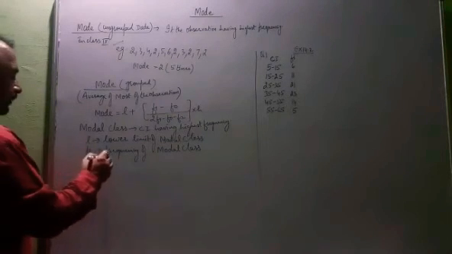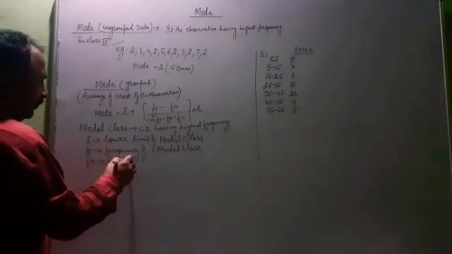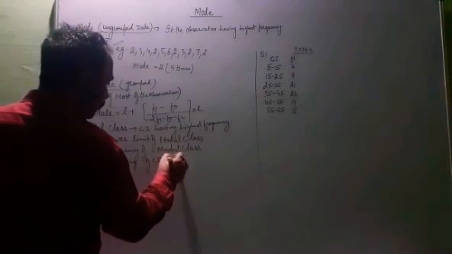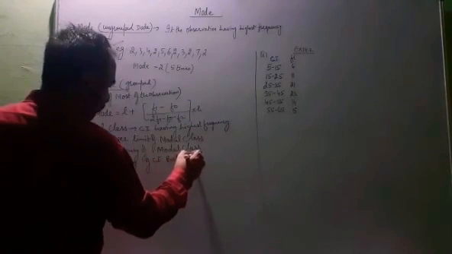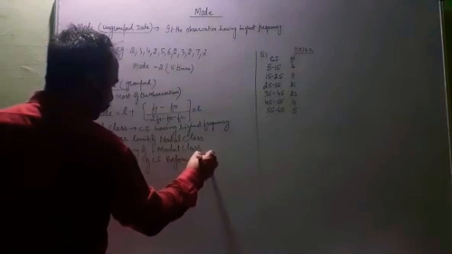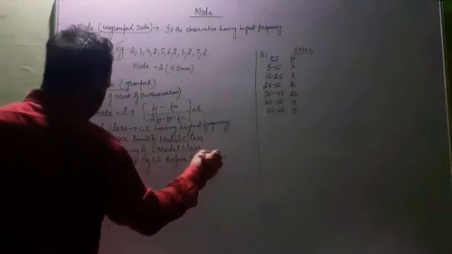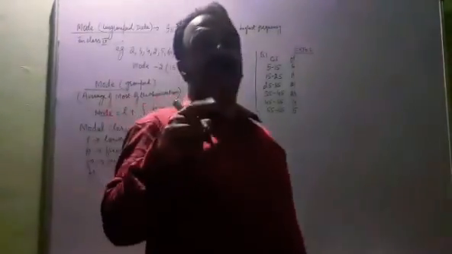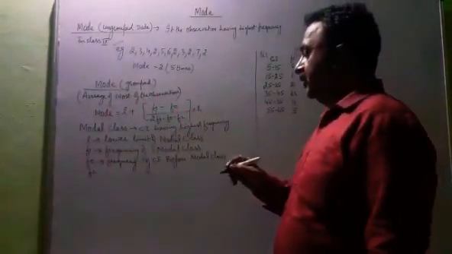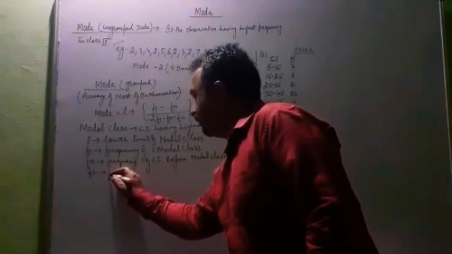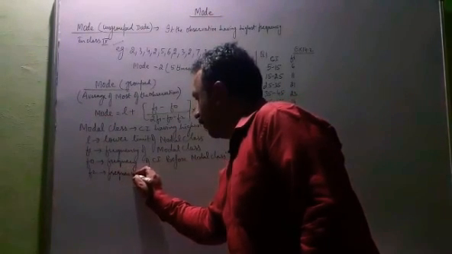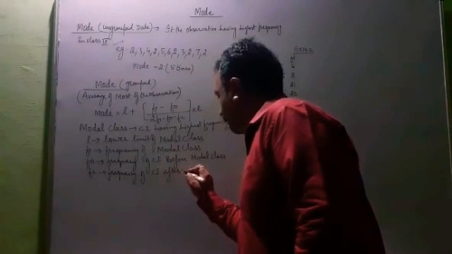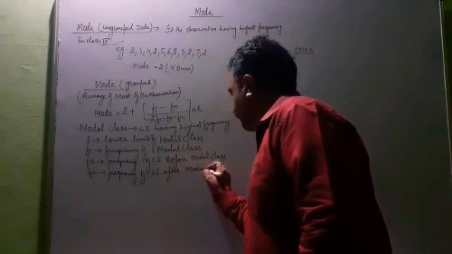So it is the frequency of class interval before modal class. F2: now 2 is successor of 1, 2 comes after 1. So it is frequency of class interval after modal class.